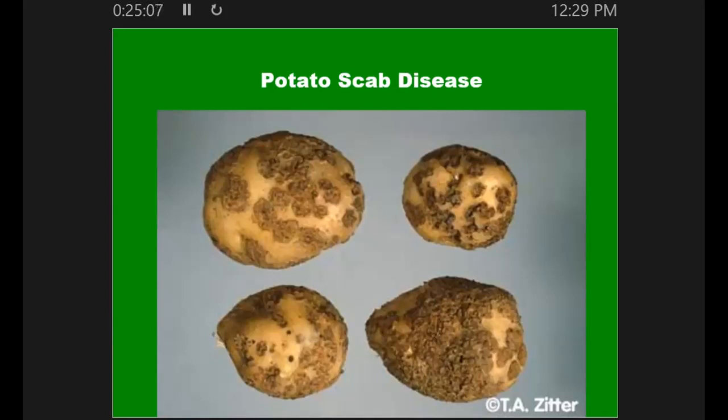I don't advise it because it tastes like wet dirt. It tastes like you just put a bunch of dirt in your mouth and are chewing it. Now I love the smell of wet dirt, but I don't love the taste of wet dirt. So it's not dangerous. This pathogen isn't dangerous to you, but it's certainly, as you can see, very dangerous to the white tuber, the potato plant.